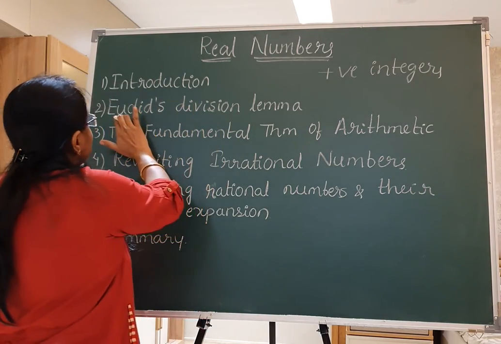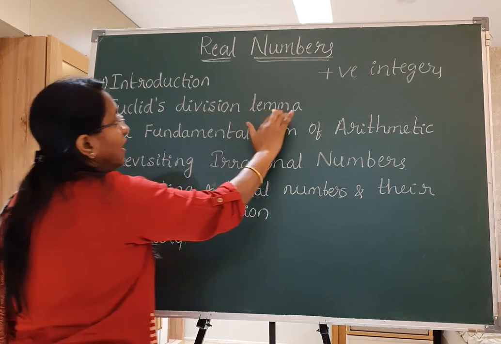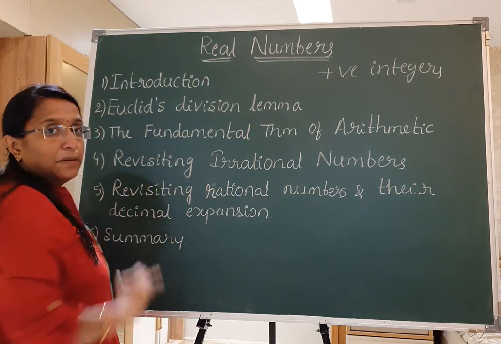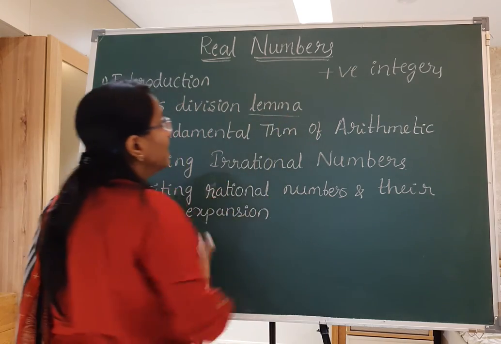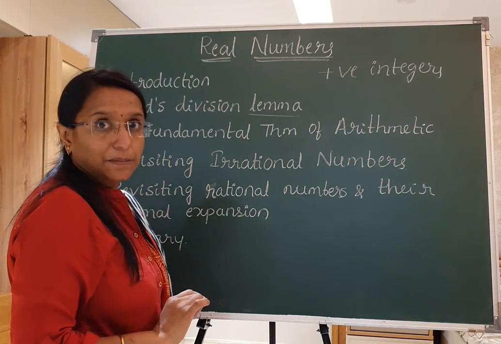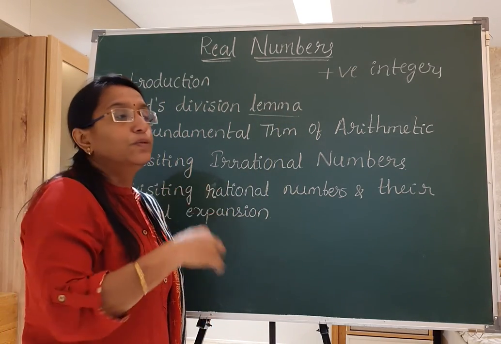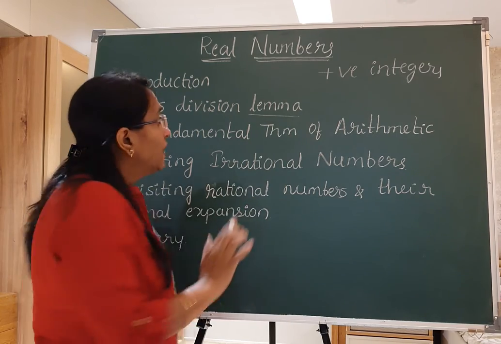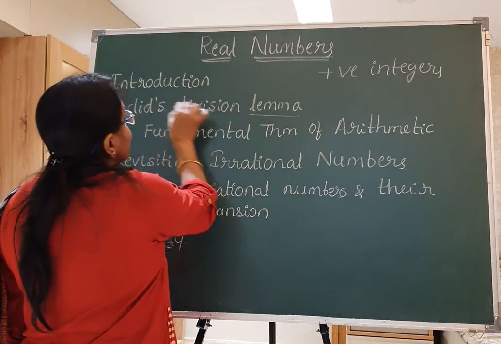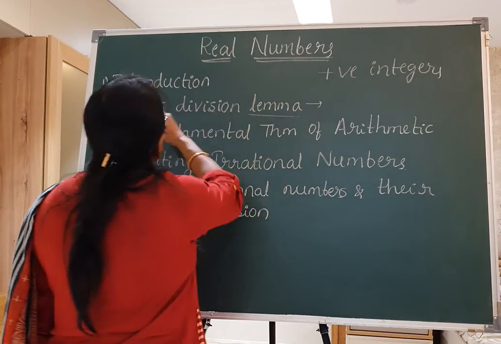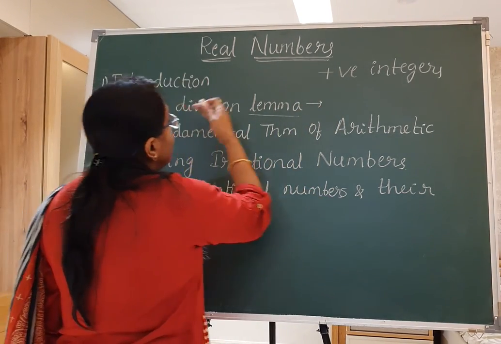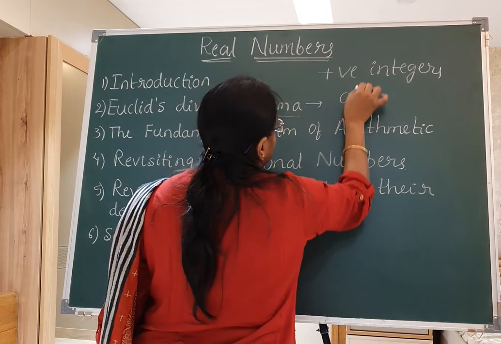So let us consider Euclid's division lemma. Euclid is a famous mathematician. What is a lemma? A lemma is a proven statement which is used to prove another theorem. With this, it is also developed as Euclid's division algorithm.